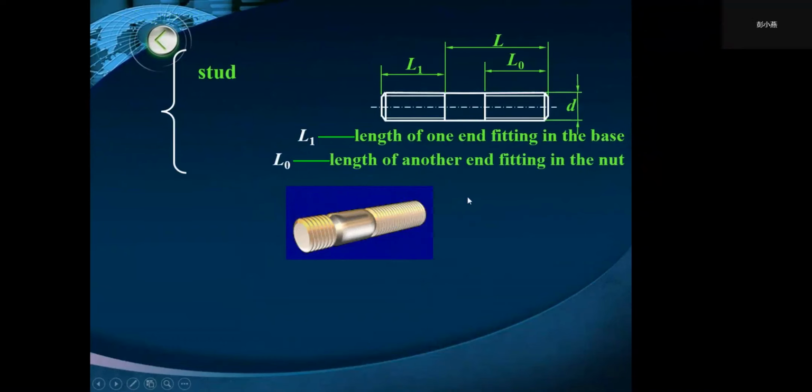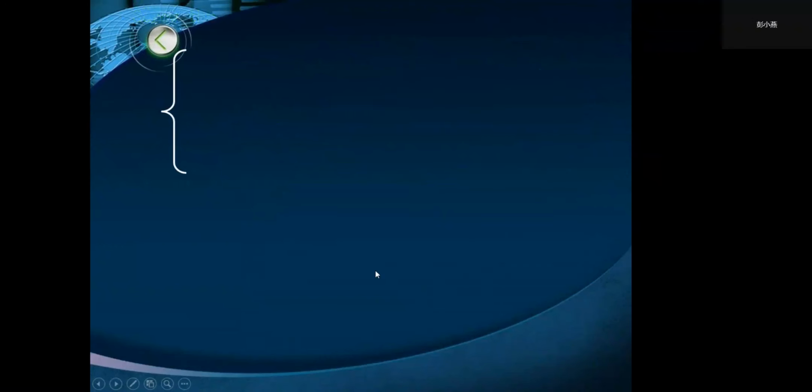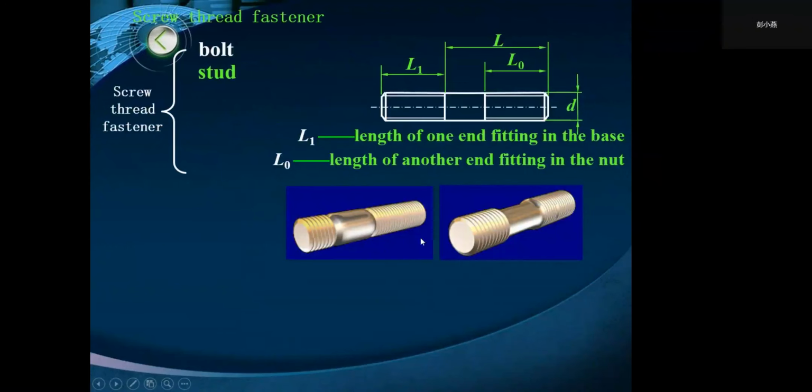A stud is a headless fastener threaded on both ends and is screwed permanently into a tapped hole. And this is the figure of a stud. The stud is used for the stud joint.